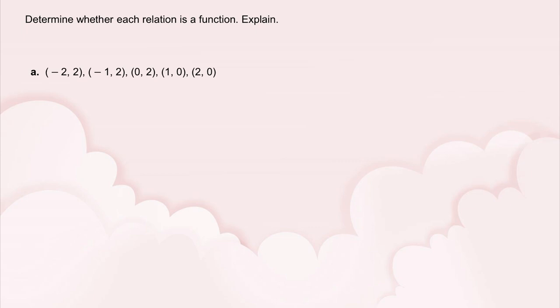So -2, -1, 0, 1, and 2 are my inputs. And my outputs are 2, 2, 2, 0, and 0. Which are my inputs?